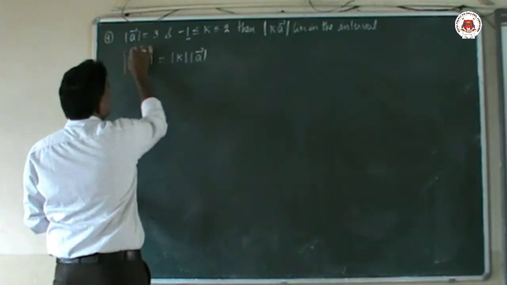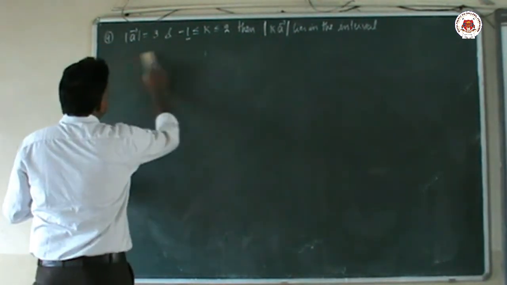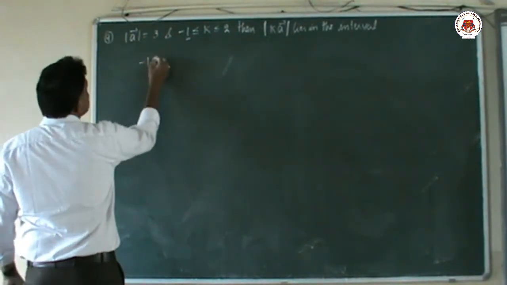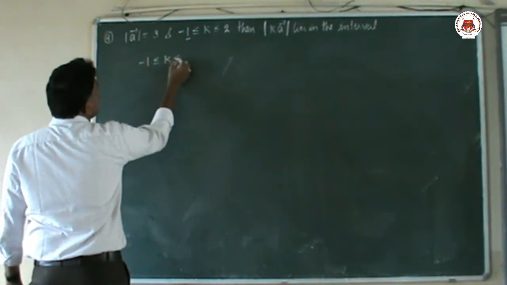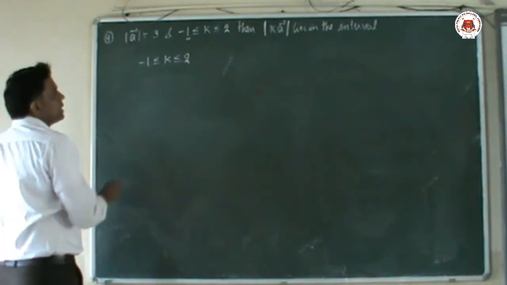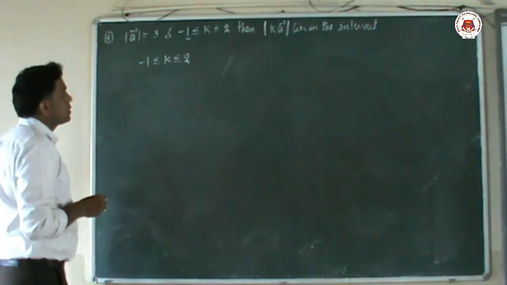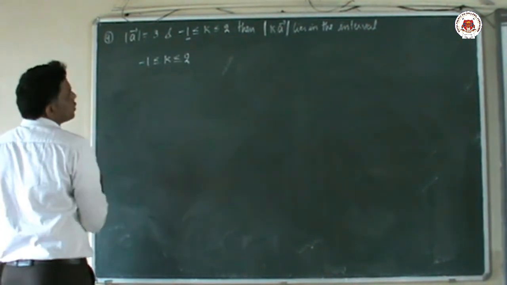So let it be. First we will take this condition. Minus 1 less than or equal to k, less than or equal to 2. If you put the modulus, then what happened? Must and should we have to take only the non-negative values. So minus 1 is a negative value.